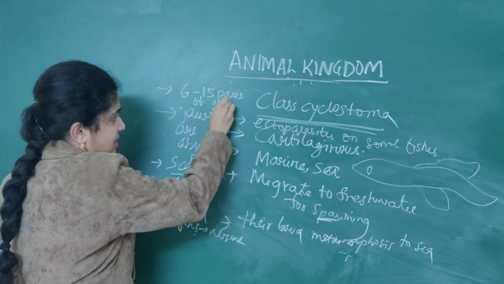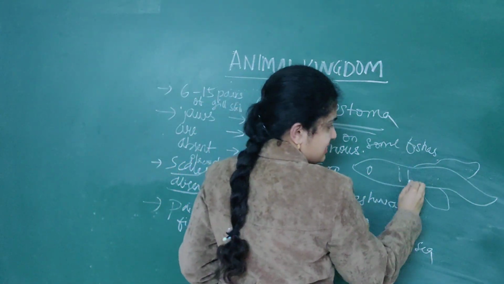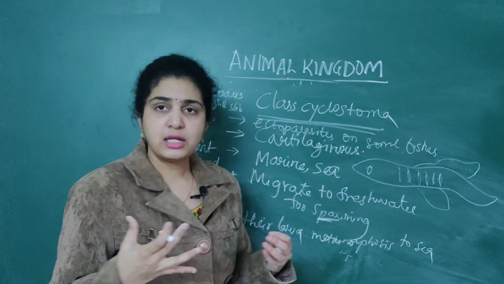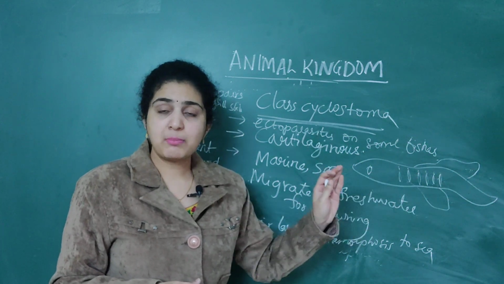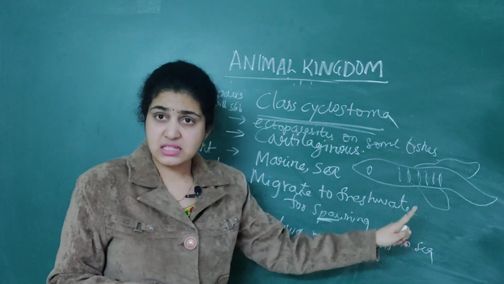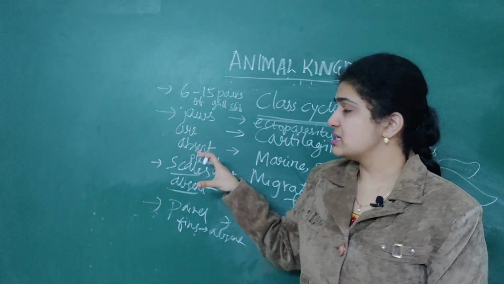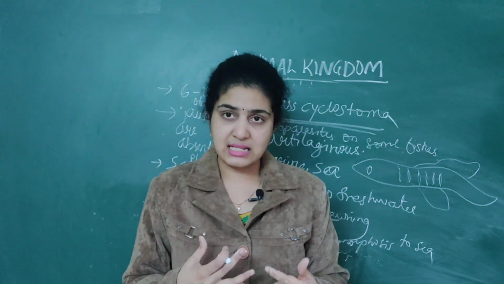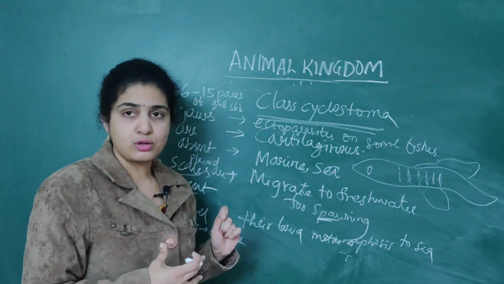What we have seen in chordate specific features, the pharynx is perforated by gill slits. So 6 to 15 pairs, important NEET question: how many gill slits are present in the class Cyclostoma? 6 to 15 pairs of gill slits.